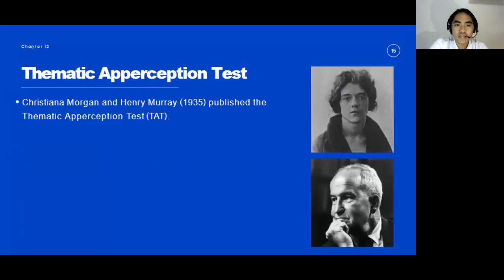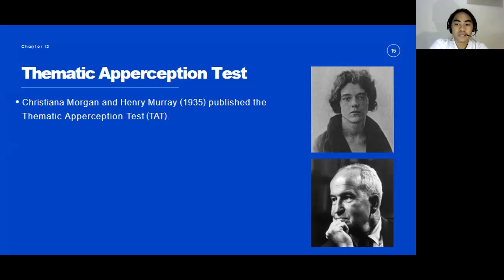Okay. Christiana Morgan and Henry Murray, in 1935, published the Thematic Apperception Test, or the TAT. Now we're starting to get some sort of scientific rigor, and you can see here, Christiana was one of the early female psychologists. There was a time when psychology was almost exclusively male, and so Morgan was one of those trendsetters who broke new ground.